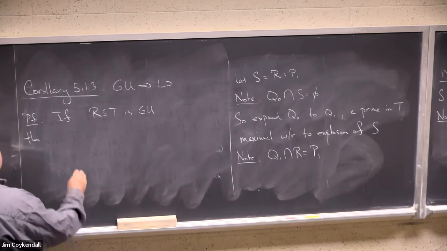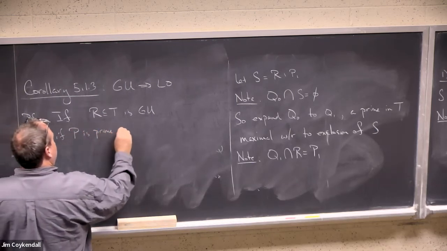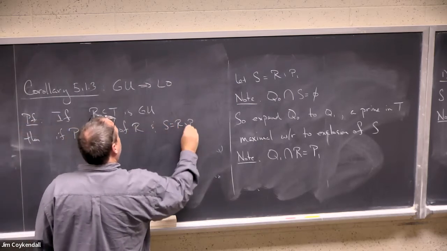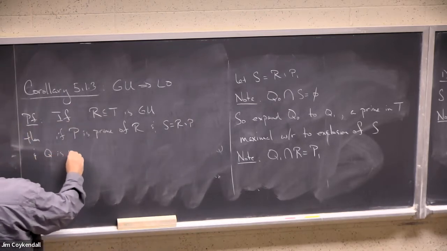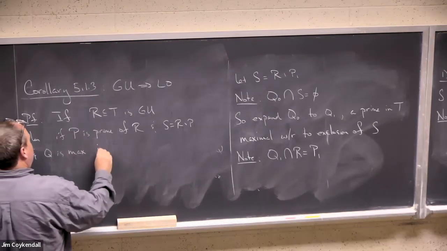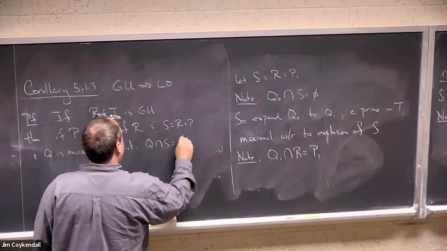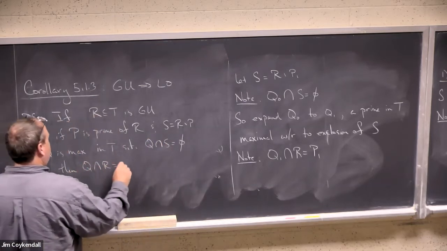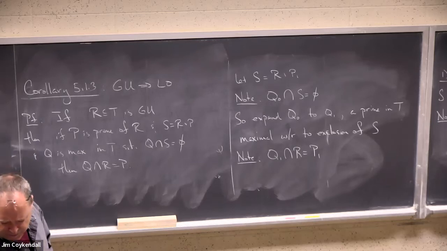If P is a prime ideal of R, and S equals R minus P, and Q is maximal in T such that Q intersect S is empty, then Q intersect R is P. And there's your lying over. An arbitrary prime is lying over from something else.